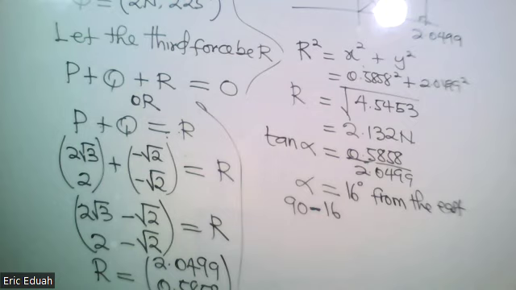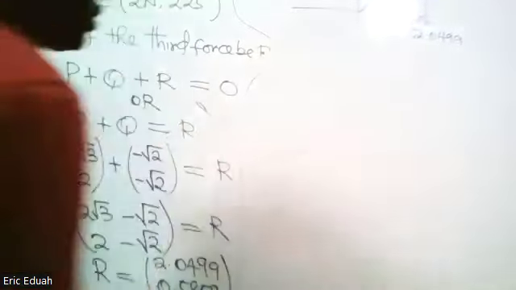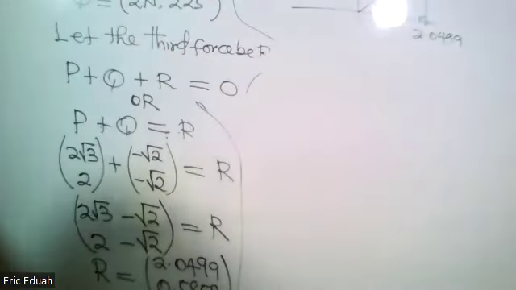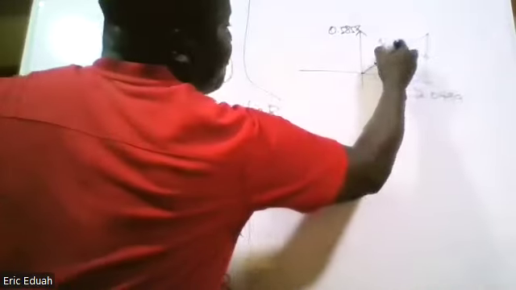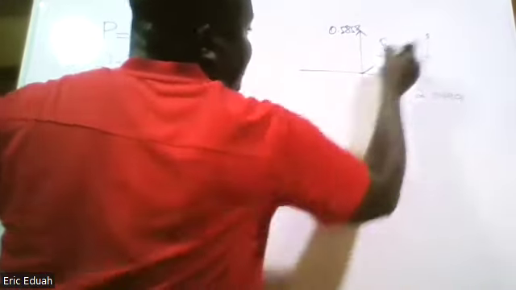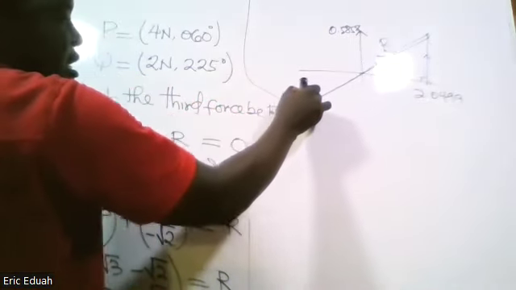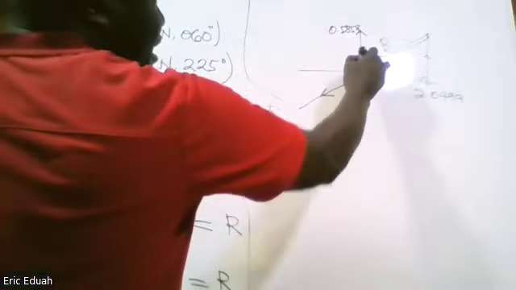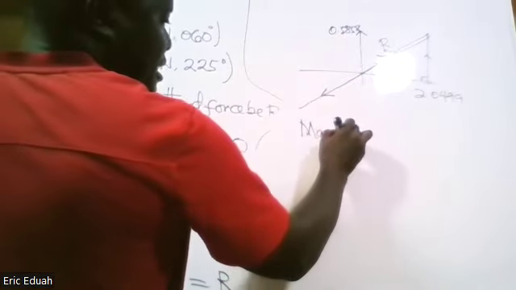So once we found the resultant, the equilibrant would have the same magnitude, but its direction is always opposite to the direction of the resultant. So if the resultant is acting in this direction, then the equilibrant must act here in the opposite direction.